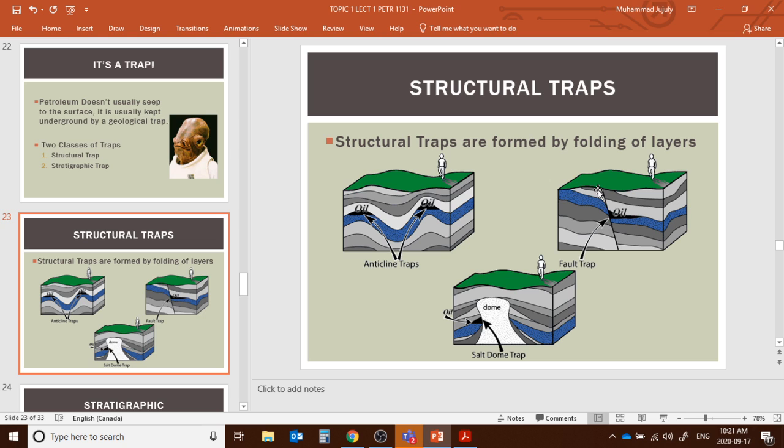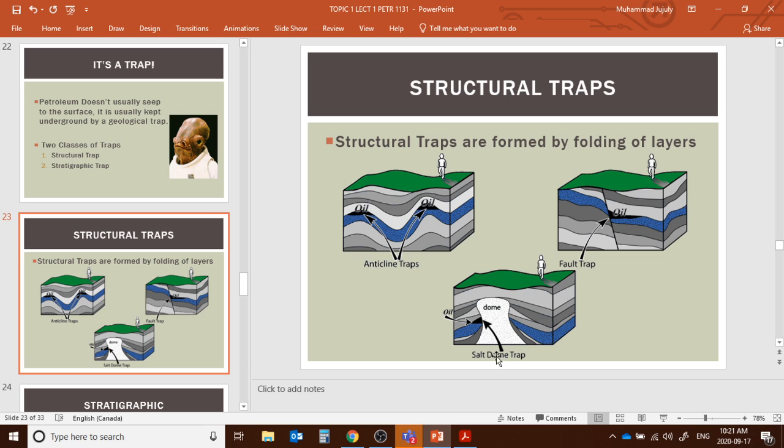Before creating the fault, this was continuous, but after the fault is created, this channeling stopped because it is cut down, and it reserves all the oils. Remember this dome is also a type of anticline trap, right?